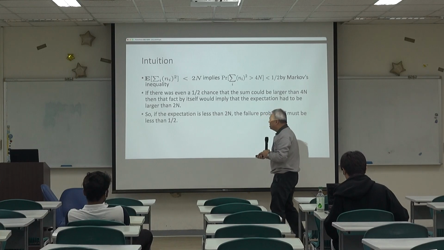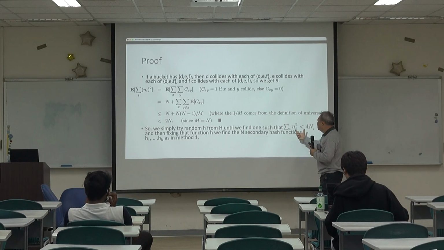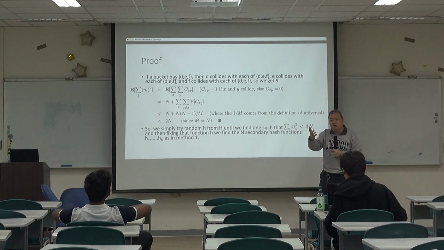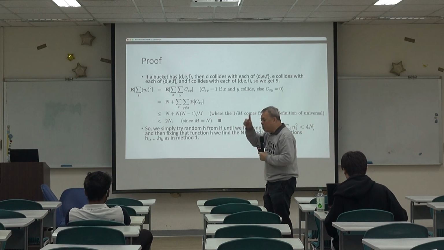In other words, you can just randomly pick a hash function h to make sure this is satisfied. The probability for this to be satisfied is 0.5, right?